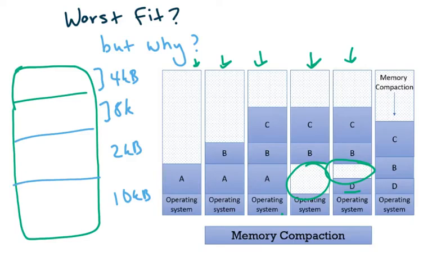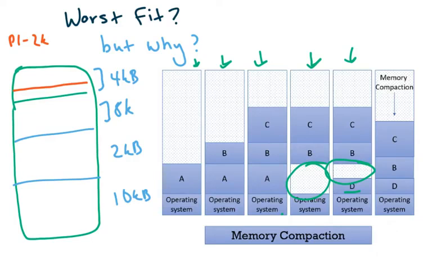Imagine that we have a process come in and it needs 2 kilobytes. So we have P1 that needs 2 kilobytes.